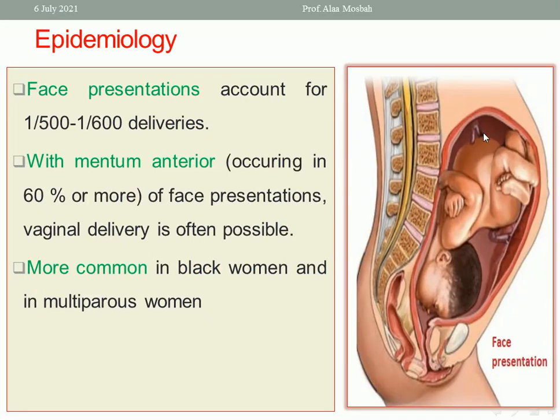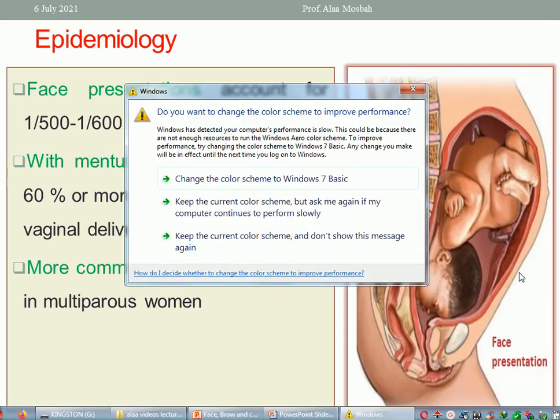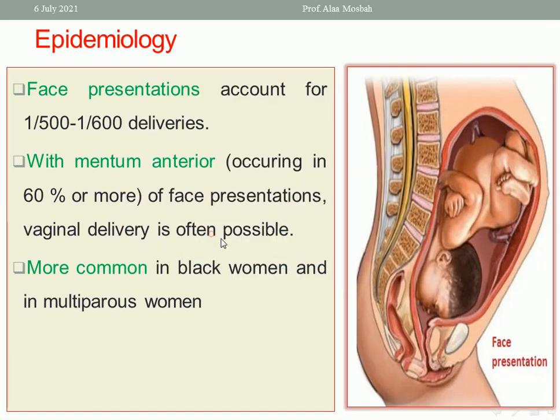Face presentation accounts for 1 in 500 or 1 in 600 deliveries. Which is more common, mentum posterior or mentum anterior? Mentum anterior is more common, occurring in more than 60% of face presentations.